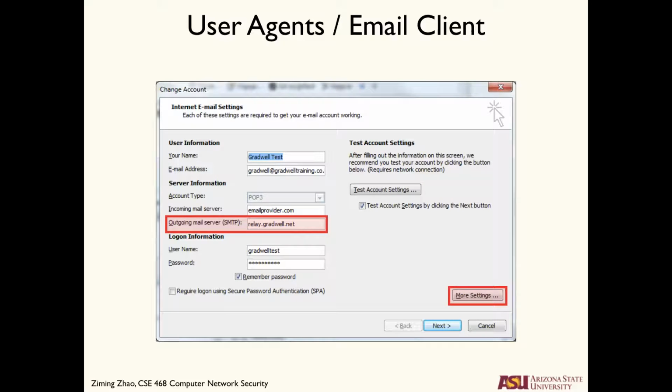Also, you have to set up the server address for the incoming server, which will use POP3 or IMAP, or the outgoing mail server, which will use SMTP protocol to listen to your outgoing mails. You have to set up those server addresses before you can really use your Outlook or other standalone applications.